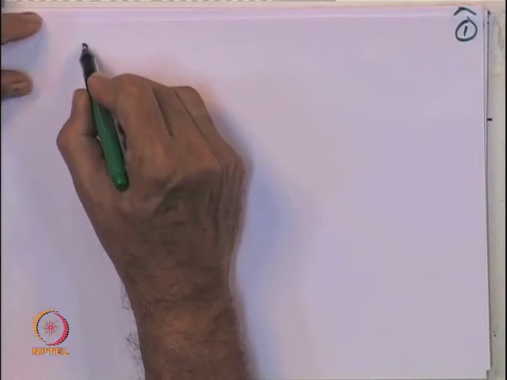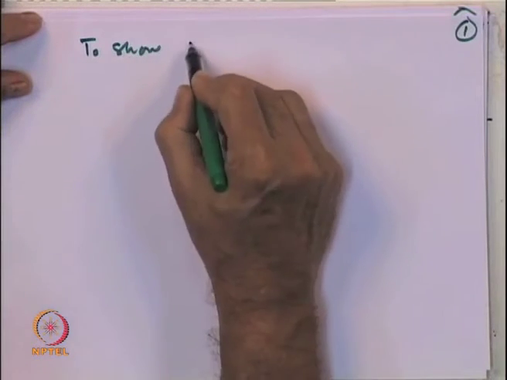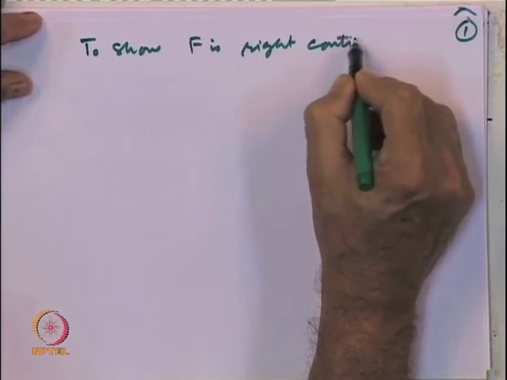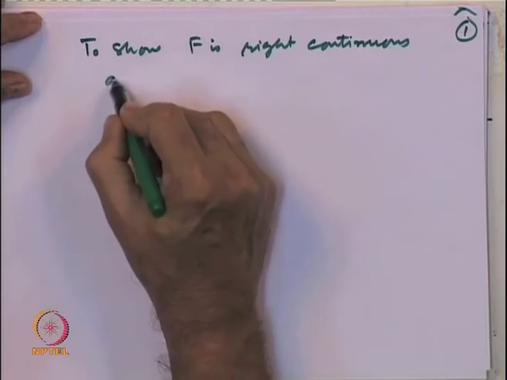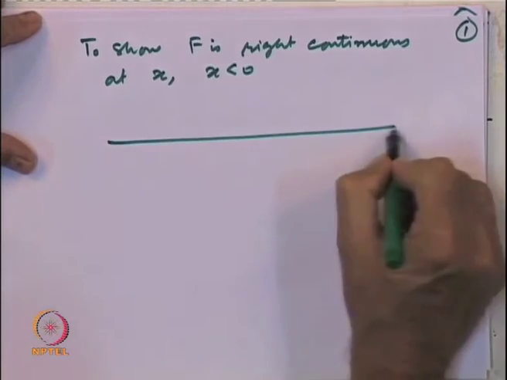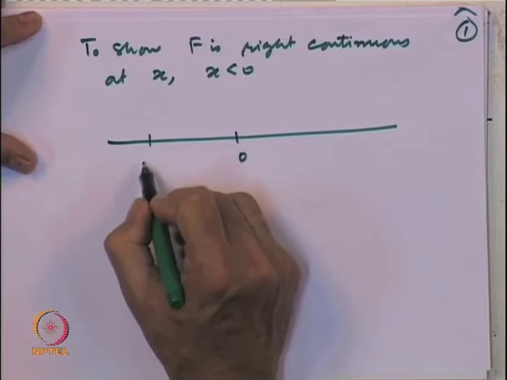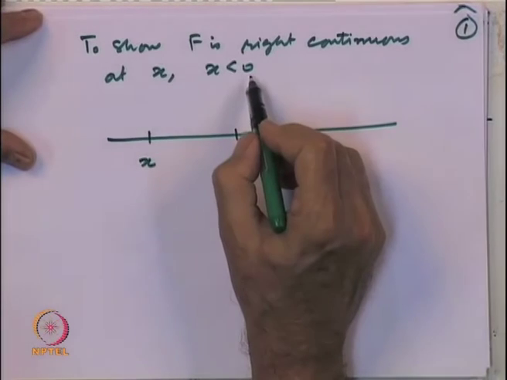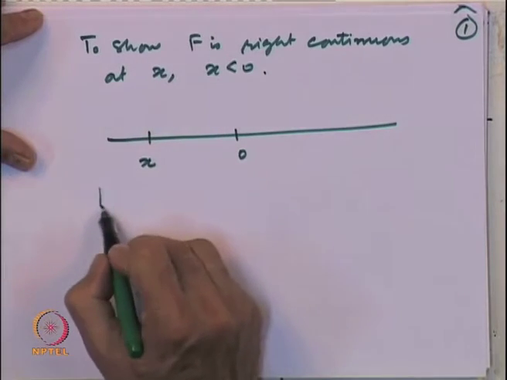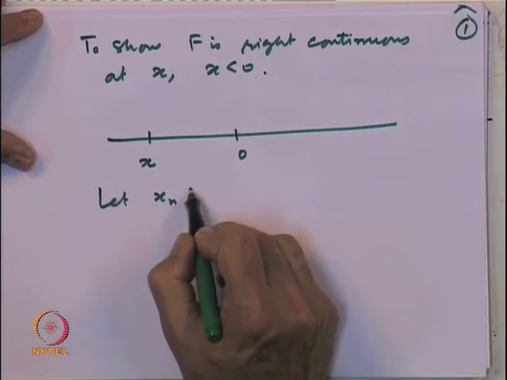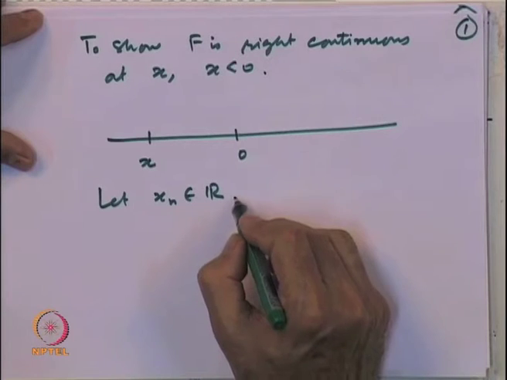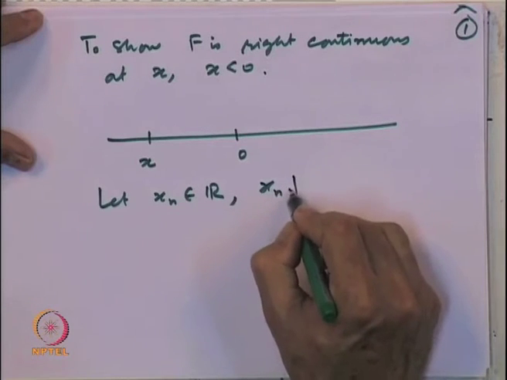So, let us look at the proof. We want to show f is right continuous at a point x where x is less than 0. So, here is the point 0 and here is x. To show right continuity at the point x, let x_n belong to R be a sequence in R such that x_n decreases to x.